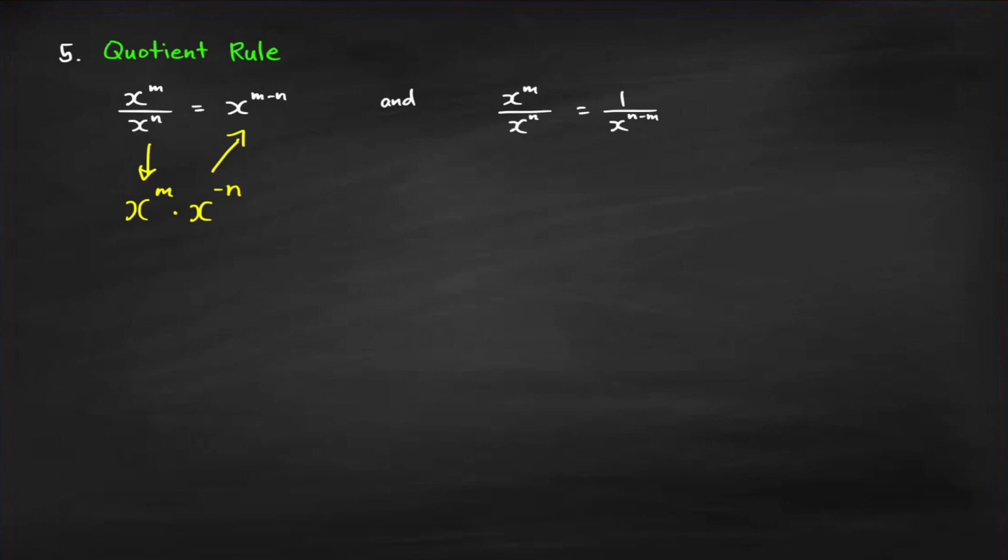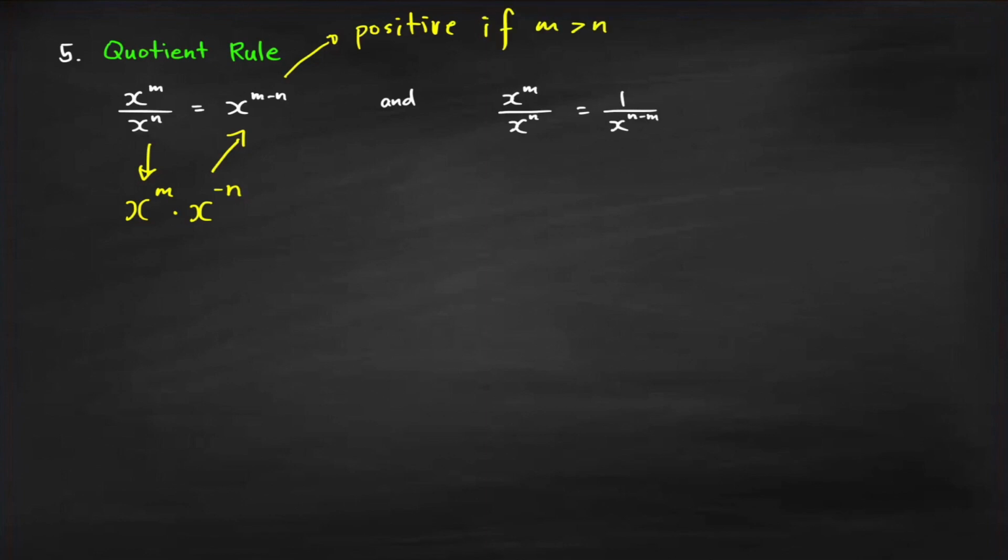So we just copy the base x and add the powers. But the powers here are m and negative n, so that is m plus negative n, which is actually equal to m minus n. Take note that m minus n is positive if m is greater than n.